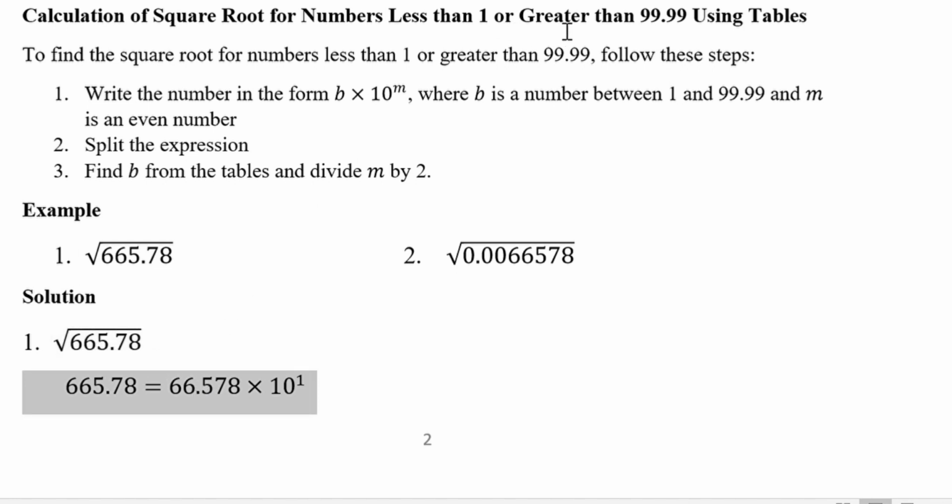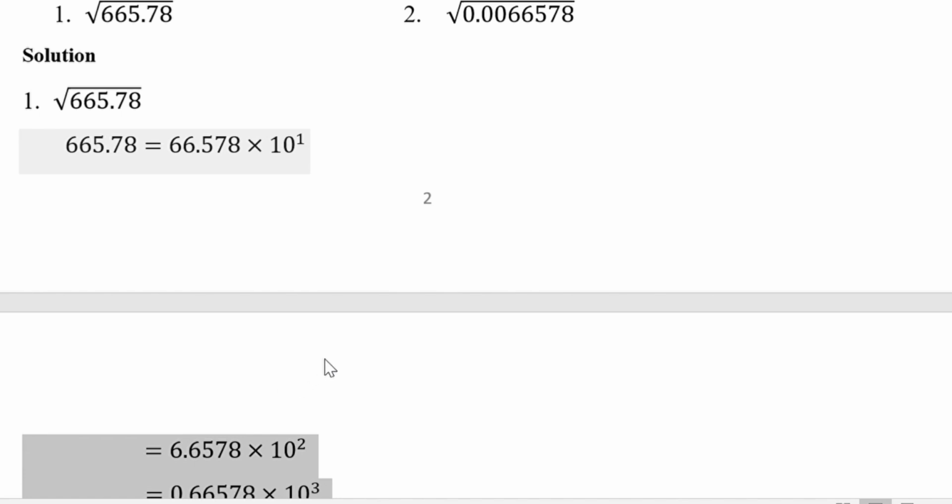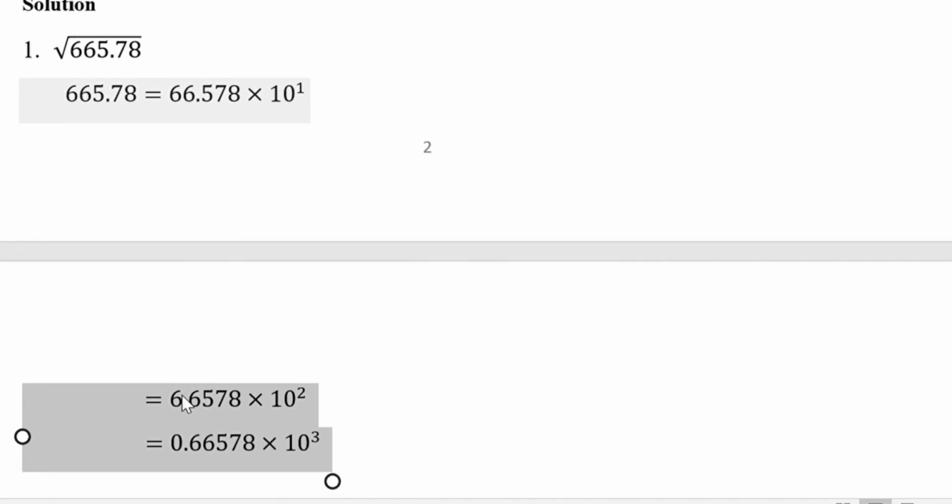So if we move the decimal one step to the left, we shall have 66.578 times 10 raised to power 1. We can also move it further and get 6.6578 times 10 squared, because we shall have moved the decimal 2 steps to the left, so it will be times 10 squared.